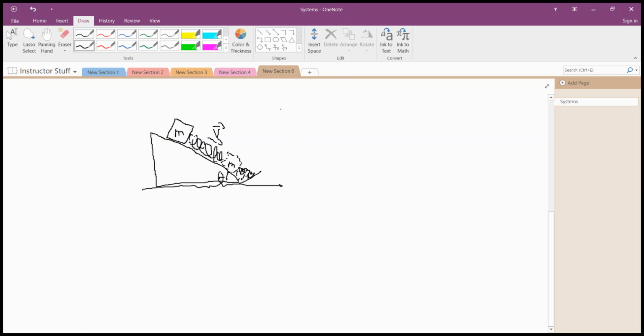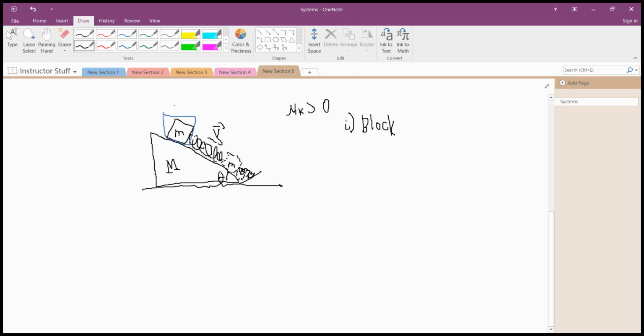Let's now consider a more complicated scenario of a block sliding down an incline while being attached to a spring that is also pulling it down the incline. The incline also has friction. The incline, if we want, we can consider it to have mass also. Let's consider the different systems we can think of for this scenario. We have the system of just the block.